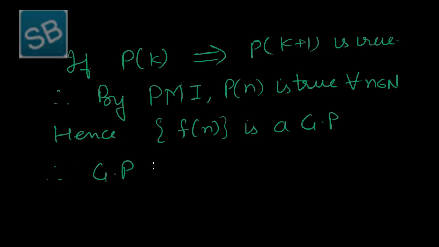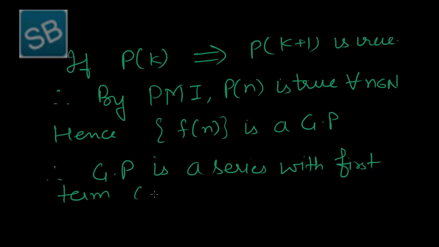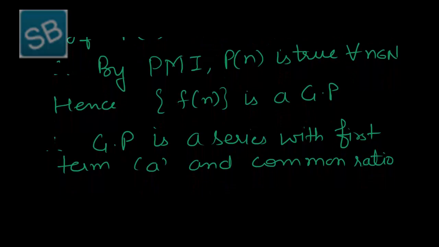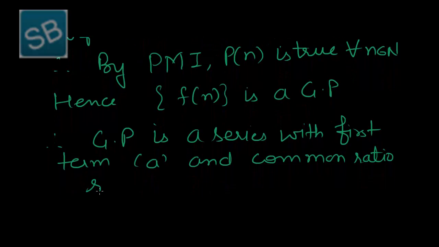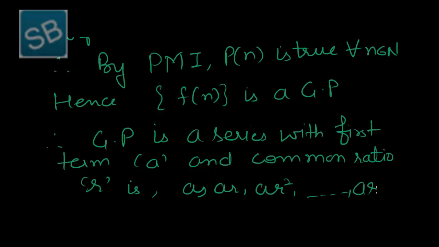Therefore, a geometric progression with first term a and common ratio r is a, ar, ar square and so on, up to ar raised to n minus 1.